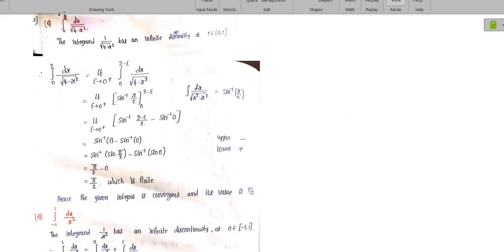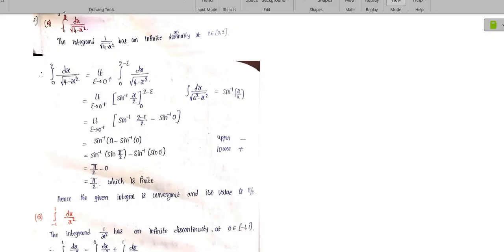Next, test the convergence of the integral from 0 to 2 of dx by root of (4 − x²). The integrand has an infinite discontinuity at 2, which belongs to [0, 2]. That means if I substitute 2 in place of x, then x² becomes 4, 4 minus 4 is 0, root 0 is 0, and anything divided by 0 is infinity.